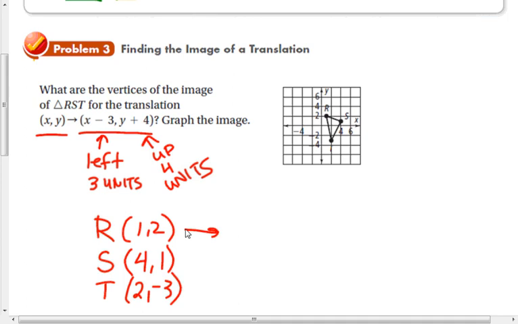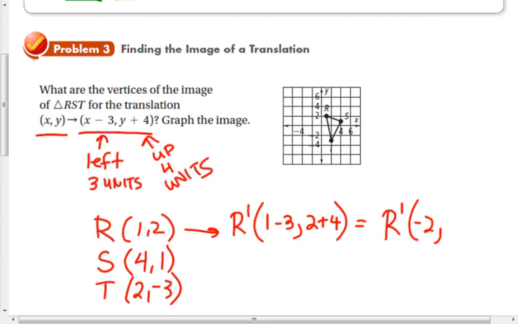So we're going to subtract 3 from the x coordinates. So R prime will be R, the x coordinate minus 3, and the y coordinate plus 4, which equals -2, 6. On this one, I think you get the idea. We're just going to take this coordinate here and subtract 3 from that, so that'll give us 1.